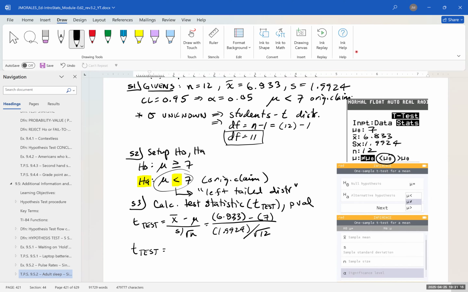With NumWorks, we're going to have 7 there, less than 7 there, sample mean of 6.833, sample standard deviation of 1.9924, sample size of 12, significance level of 0.05.